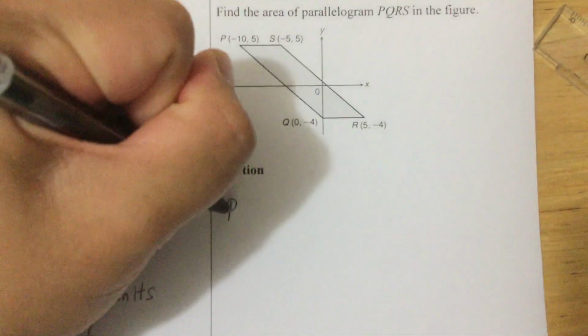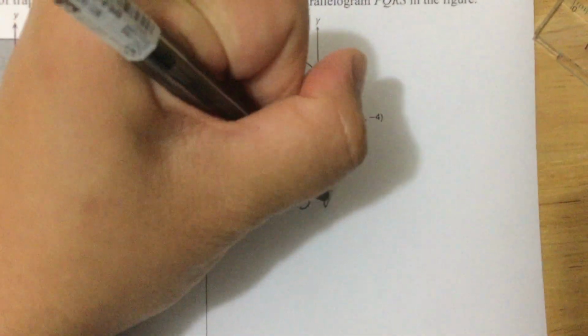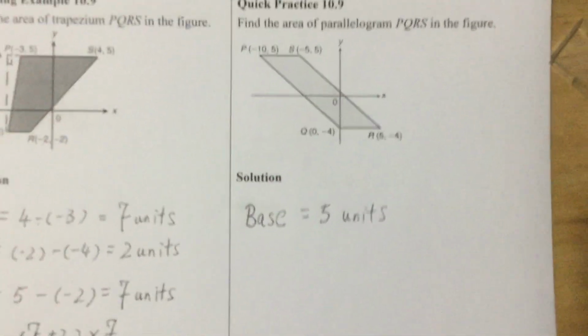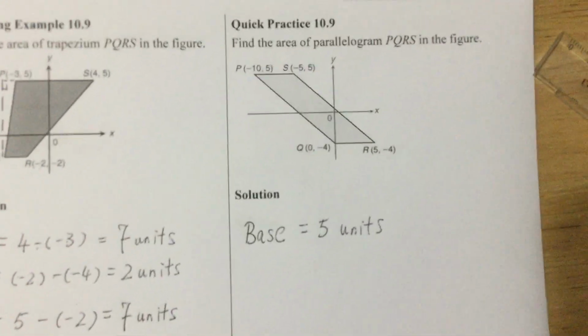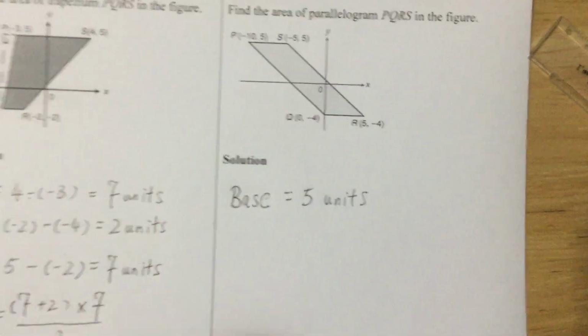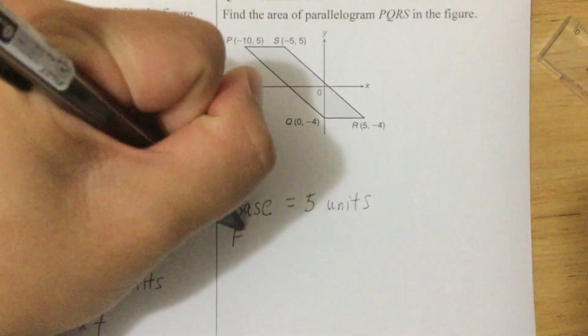Okay, now the base this time, I will just write down the base is 5 units. I can tell you it's obvious. I can look at it in a very clever way. Which one would you choose, PS or QR? Obviously, I will choose one, but not the other. Okay, what about the height?